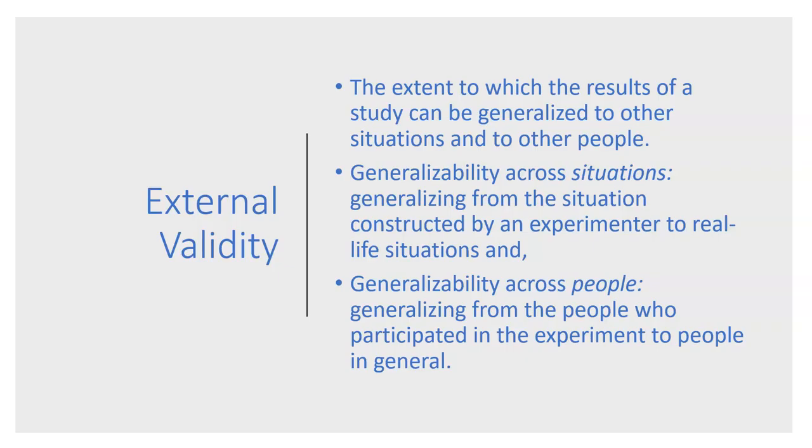You also want your findings to generalize across different kinds of people as well. So, to the degree you can get a solid random sample of the people who are available to you, like the study that was in the video, those were college student participants. Well, what about other kinds of people? Maybe the findings won't hold up if I test people who are significantly older, people from different walks of life, people of different ages, people of different backgrounds.